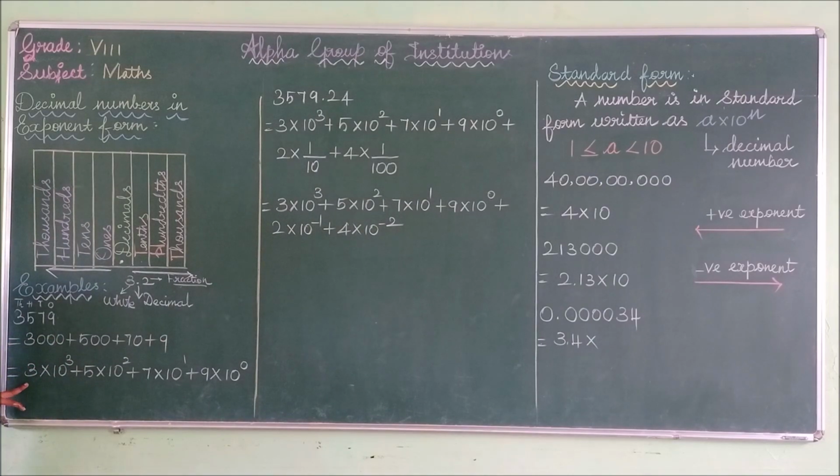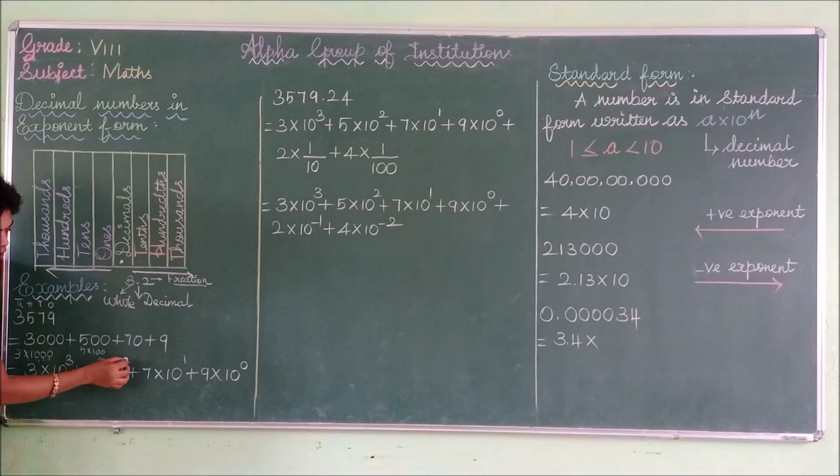So how can we write this 3,000? 3 into 1,000. This 1,000 can be represented as, how many zeros are there? 1, 2, 3. So 10 to the power 3. Likewise, 500 can be represented as 5 into 100. That means 2 zeros are there.